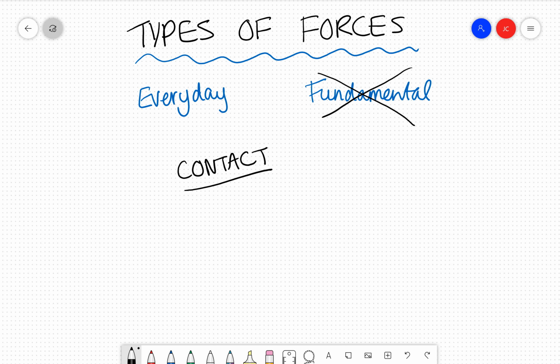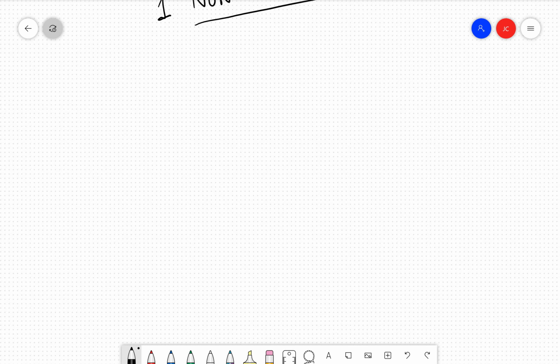There is one of these 6 forces which is a non-contact force, and that is the force of gravity, which obviously does not have to be touching an object to work. Gravity happens all the time, regardless of where an object is on the planet. So remember, 5 contact forces, 1 non-contact force, and we're going to go through all of them right here.